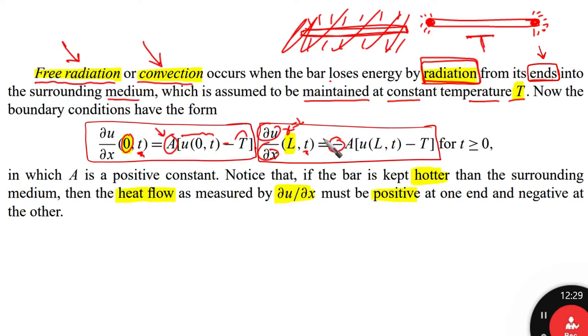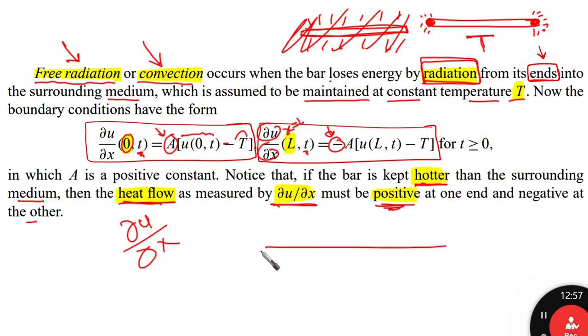Okay, this is always minus. Why? Let me explain it. Notice that if the bar is kept hotter than the surrounding medium, then the heat flow, which is measured by partial u partial x, must be positive at one end and negative at the other.